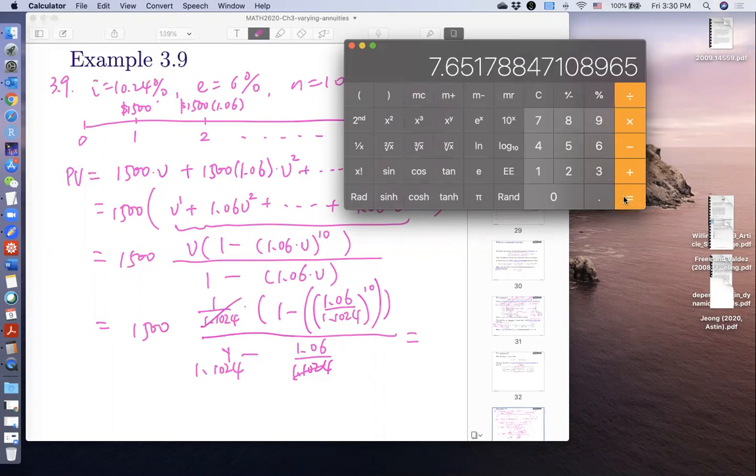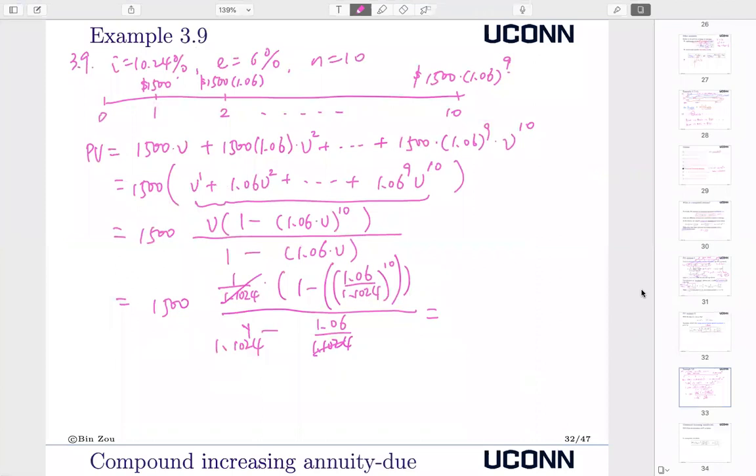Hit enter, that will do the computation. Then multiply by 1500. That is the final result. As you could expect, that is exactly the same as what you get from the textbook after applying their formula. So that's 3.9. That concludes this part, and then let's move on to the annuity due.